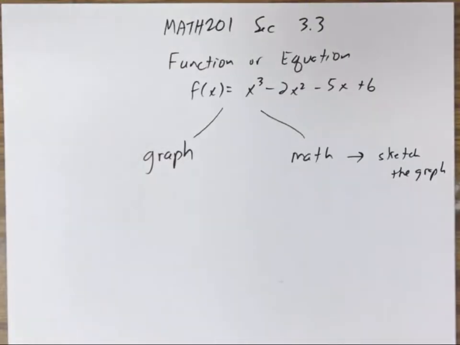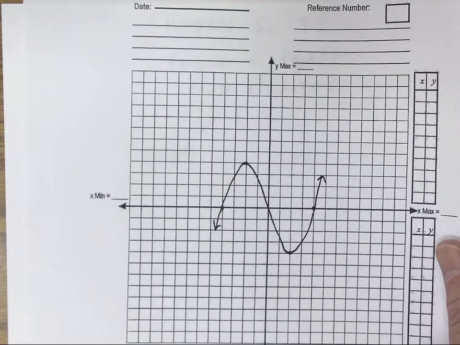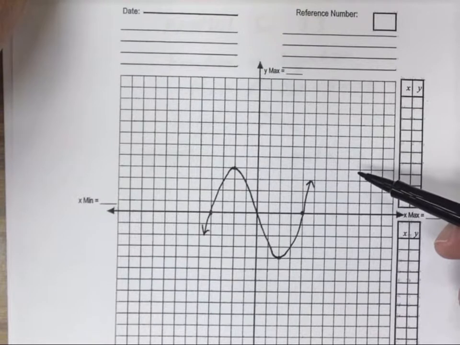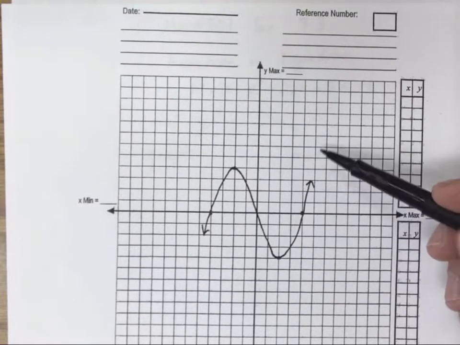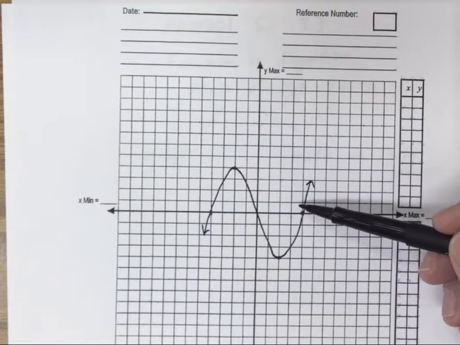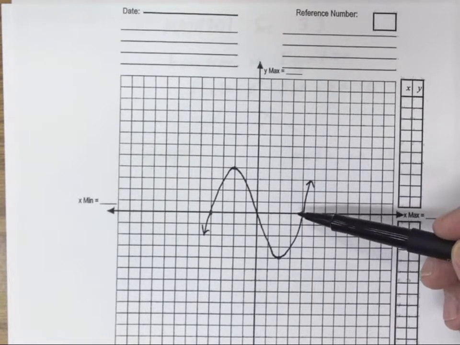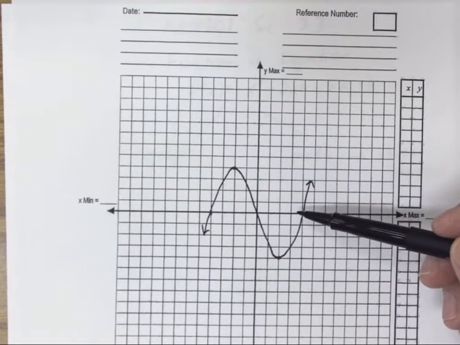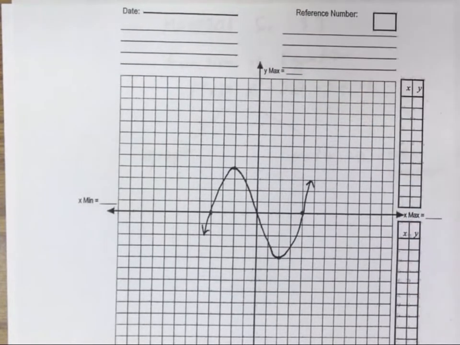But for now, let's talk about what's the information that we're going to try and learn from looking at this graph. And in the big picture, the information we're going to learn from this graph is the same information we're going to learn from the equation. But I want you to understand it visually first, and then we'll actually go and do some math problems.